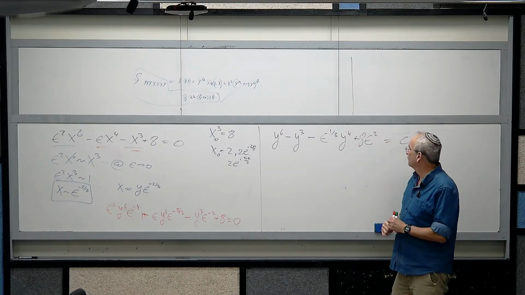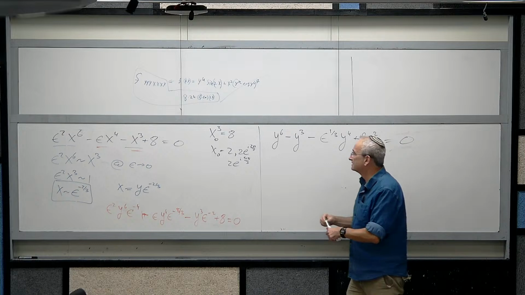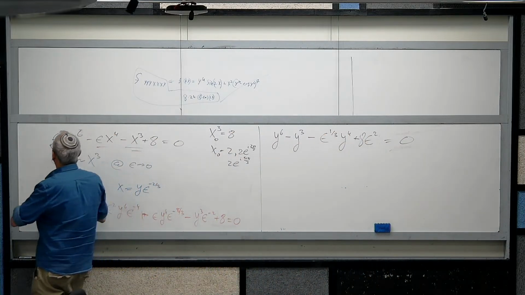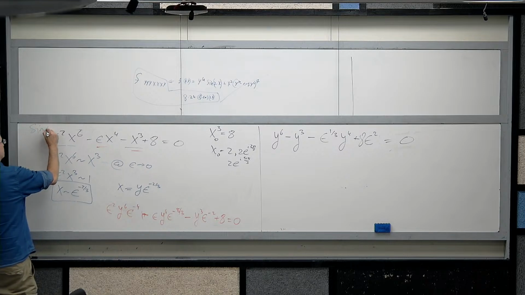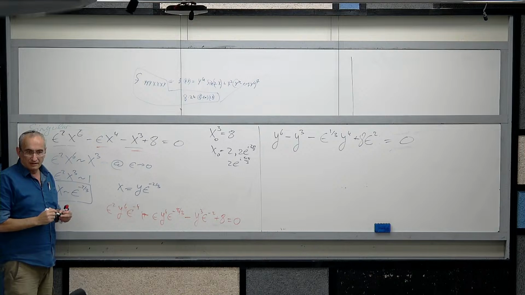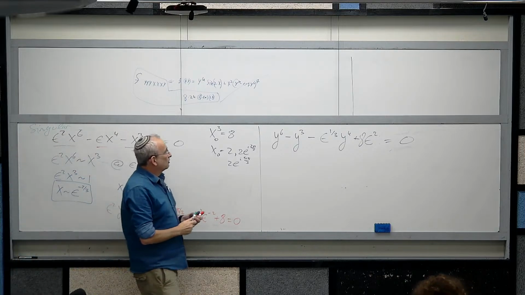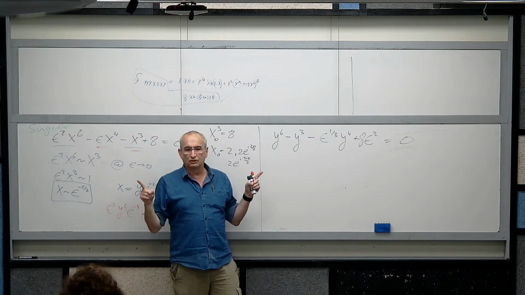Okay? Now this is a regular perturbation theory. This was an example of singular perturbation theory. And now we have a regular perturbation theory. What makes the difference between regular and singular?